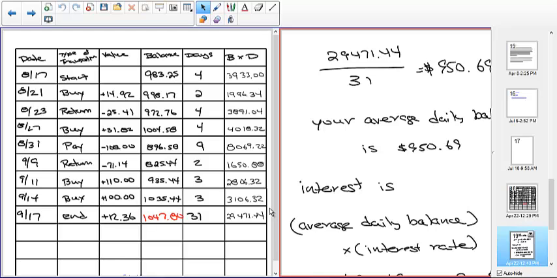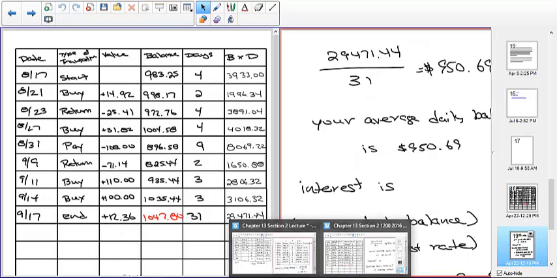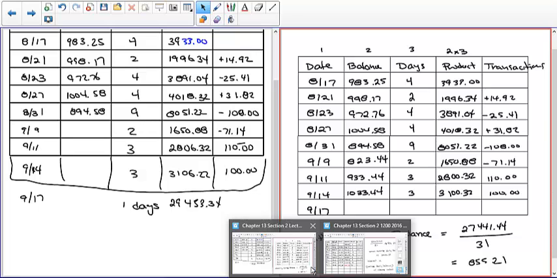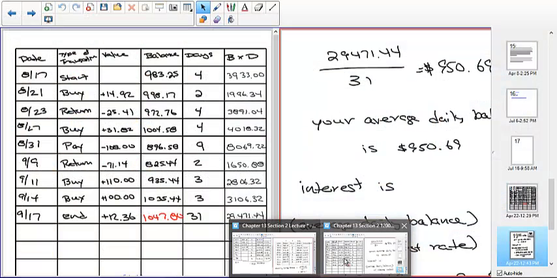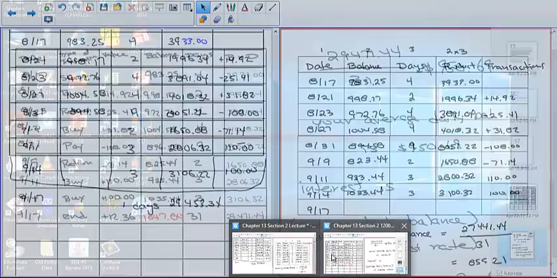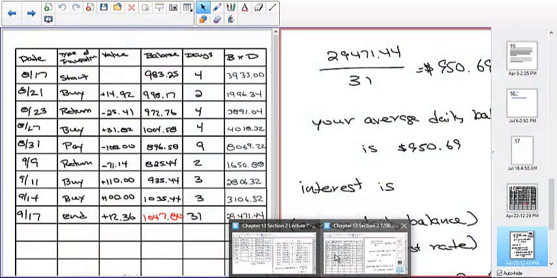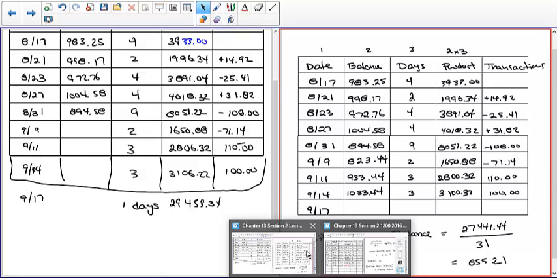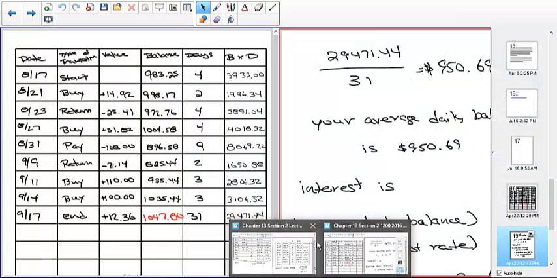Okay, let's see what I did. Let's compare these two. 894.58, 896.50. Well, I see one error. I think this is wrong.